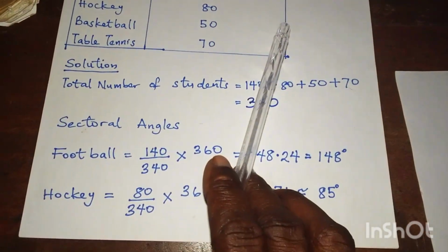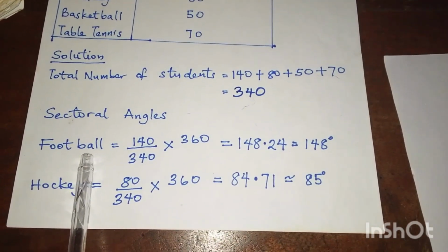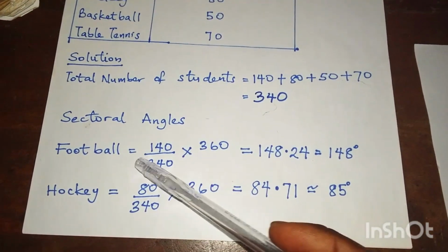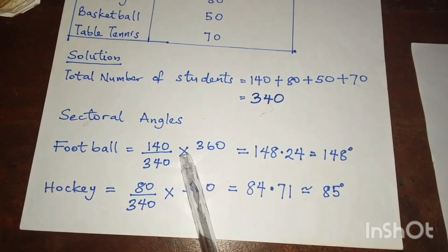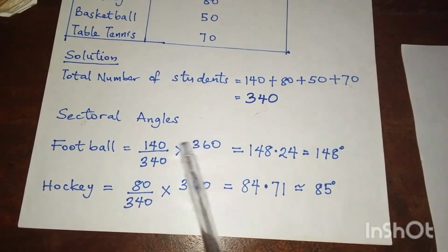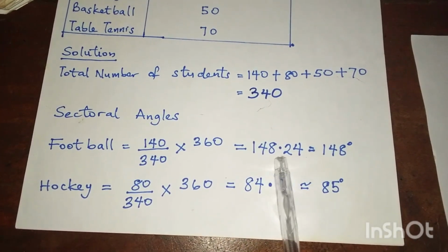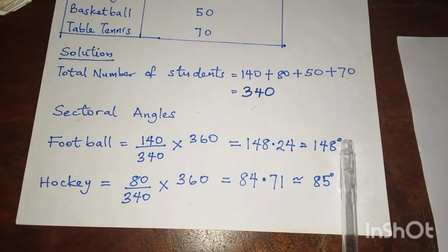So the sectorial angle for football: we have 140 students playing football divided by the total number of students, which is 340, times 360. When you calculate this, you are going to get 148.24, which is approximately 148 degrees.